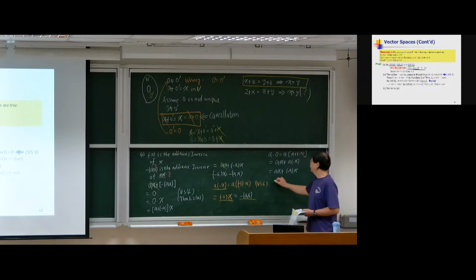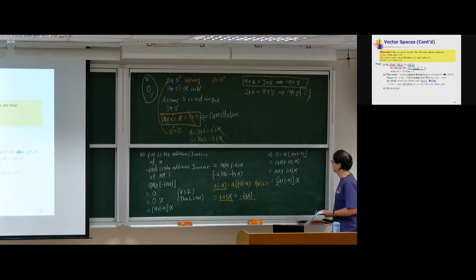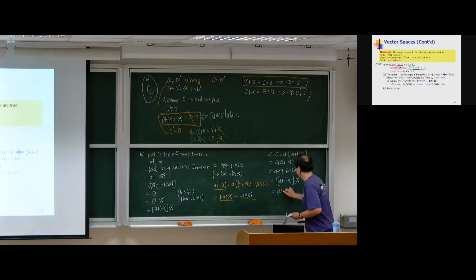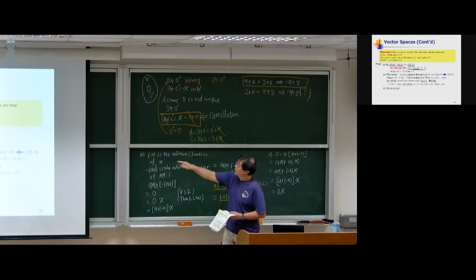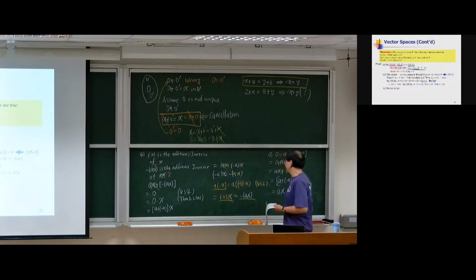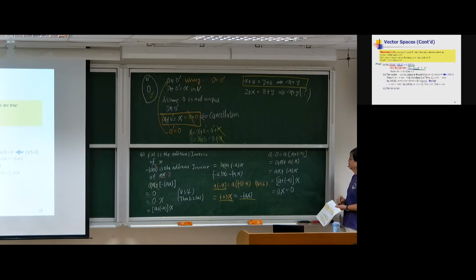And then by using the distribution law, we get 1 plus minus 1 times x, and then we get 0 times x. And 0 times x by using the first statement equals 0. So finally, we prove it, which is very straightforward.